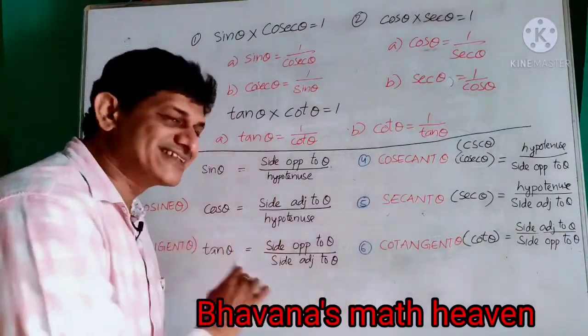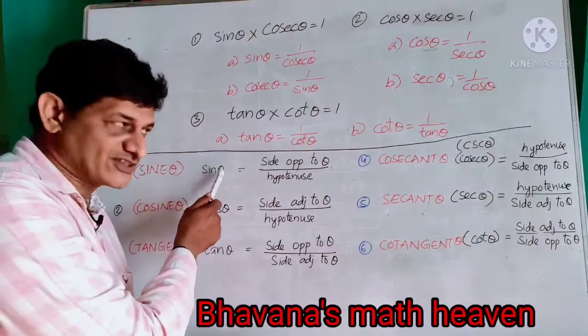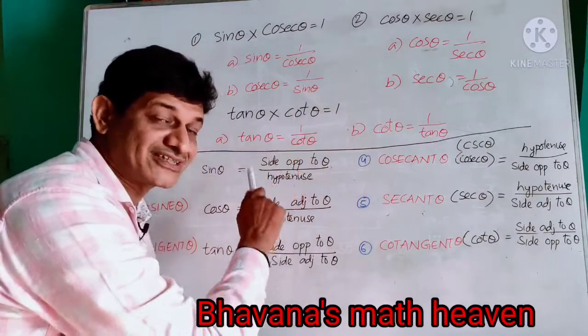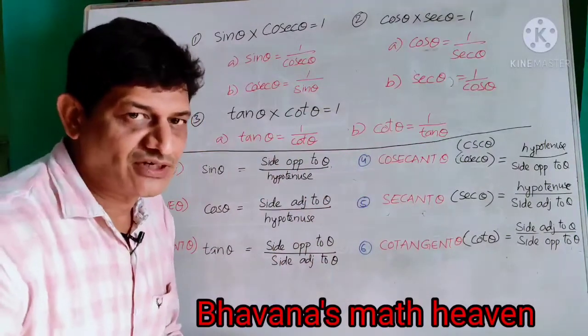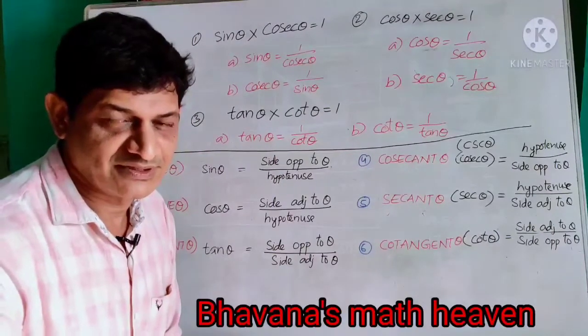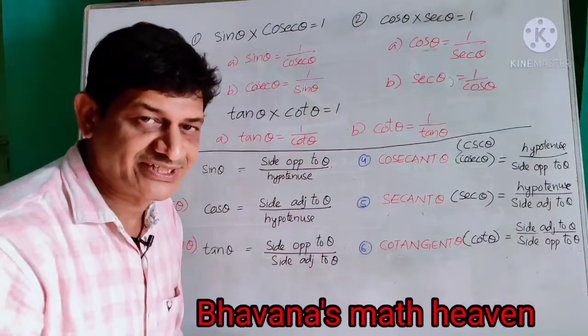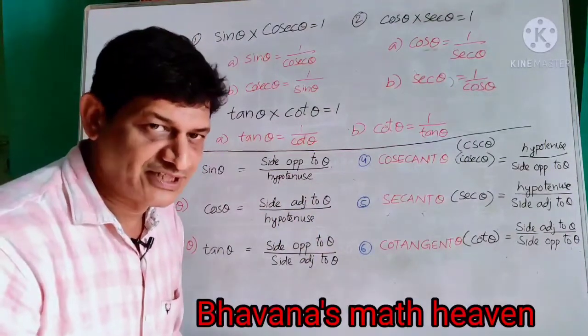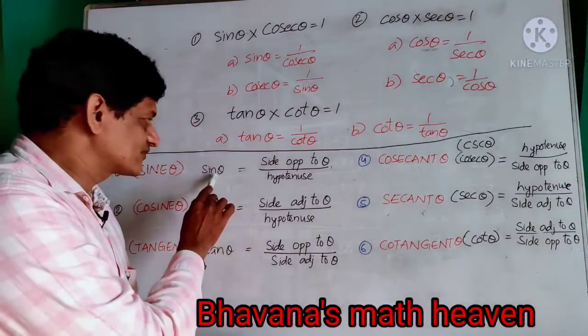If you observe these 6, clearly we notice that the first ratio and fourth ratio are reciprocal to each other. When we say two ratios are reciprocal to each other, if you multiply those two ratios and get their product as 1, then they are said to be reciprocal to each other, isn't it? What is the definition of sine?